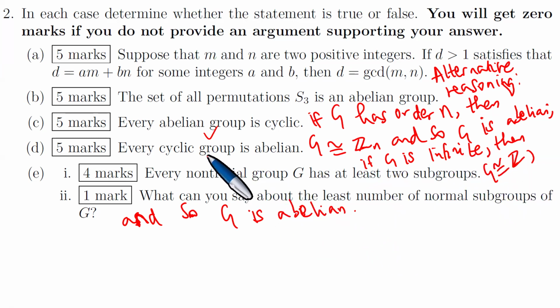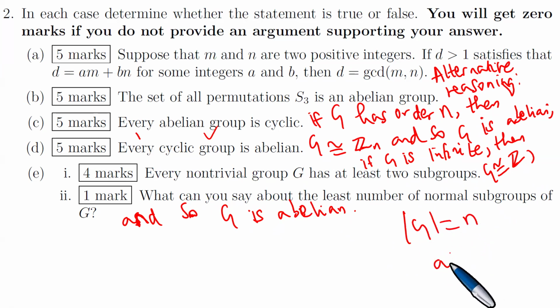So we have shown that these groups of order n become abelian, and hence it follows that every cyclic group is abelian. Why? Because every cyclic group has some order, so you can say the order of the group is n.